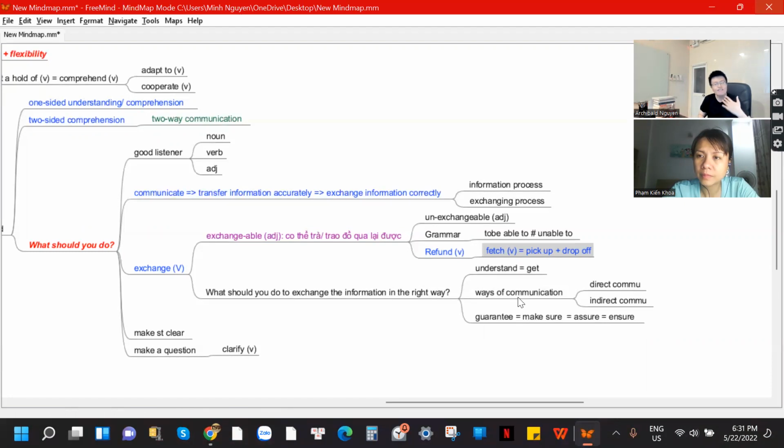If you say "I fetch my children to school", people will understand that you take your children to school, then you come back home, then you wait, and then you pick your children up at school and drive them back home. You take them there, you pick them up, you wait, and you get them back. So that is fetch in English.